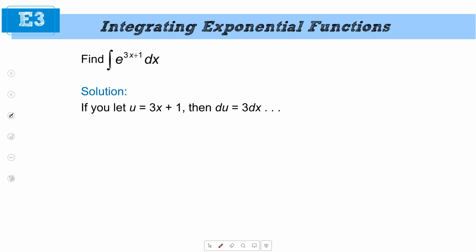Should I tell how? Please. I knew that the derivative of e to the 3x plus 1 is 3 times e to the 3x plus 1. So if I want, I just need to get rid of that 3 somehow. So if you divide by 3 in the beginning, then you have 1/3 times 3 e to the 3x plus 1. And so the 1/3 and the 3 cancel, and you just get e to the 3x plus 1.